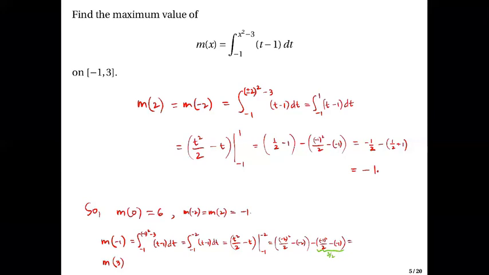Negative 2 squared over 2 is 2, so you have 2 plus 2 minus 3/2. So 4 minus 3/2 is positive 5/2.